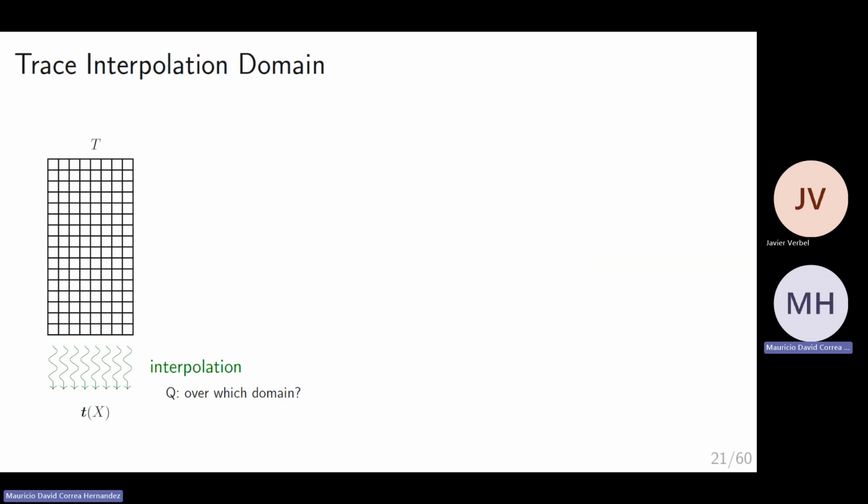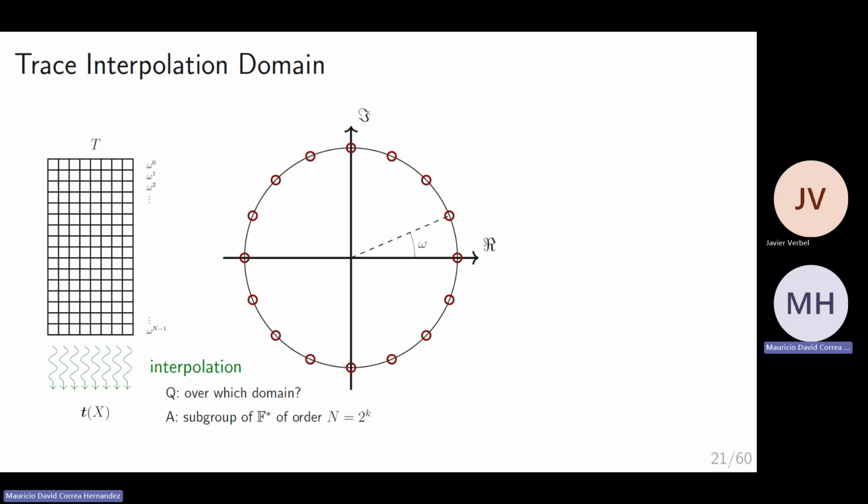And the question is, over which domain do we do this interpolation? And the answer is a subgroup of the multiplicative group of order 2 to the k. And that's a mouthful. Just think of the complex unit circle. We want to interpolate this in evenly spaced points on the complex unit circle.